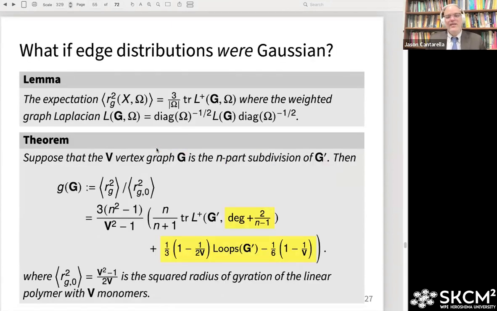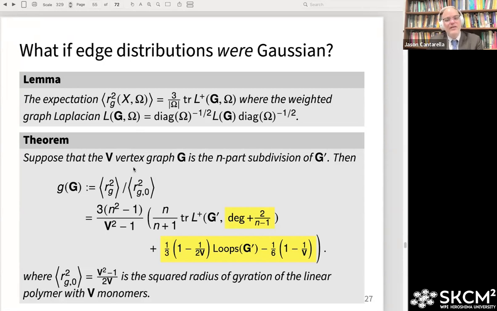Okay, if the distribution of bonds between individual monomers was Gaussian, you can actually evaluate the expectations on the page before. And this is the formula you get. You get an exact formula for the contraction factor.